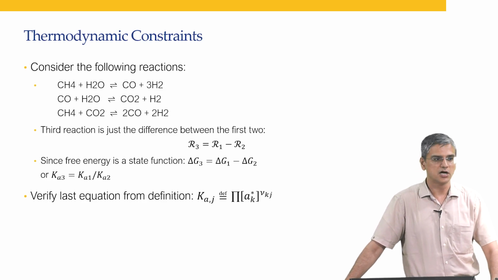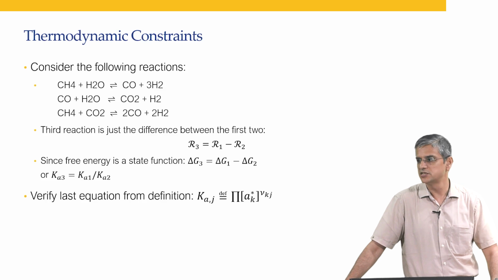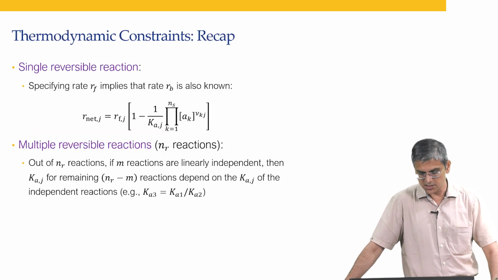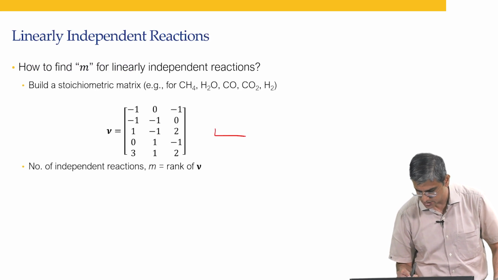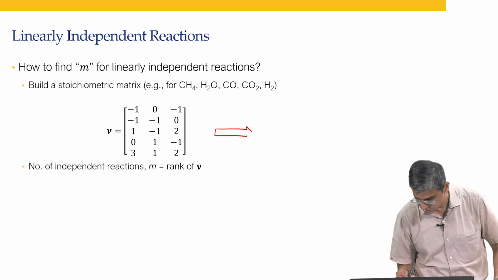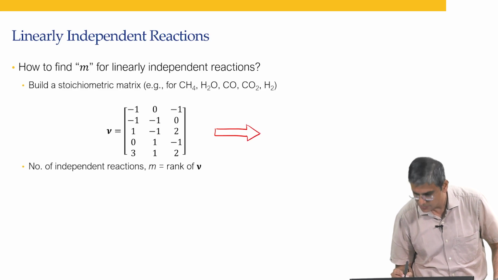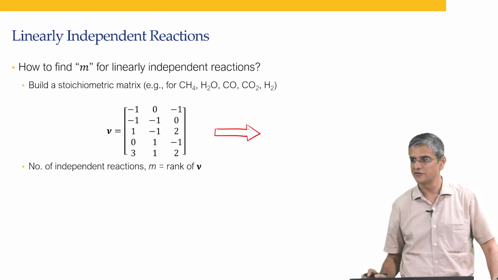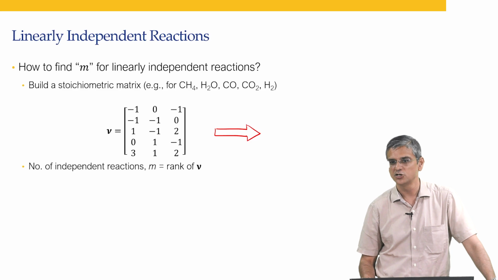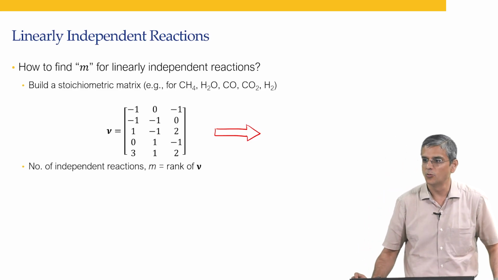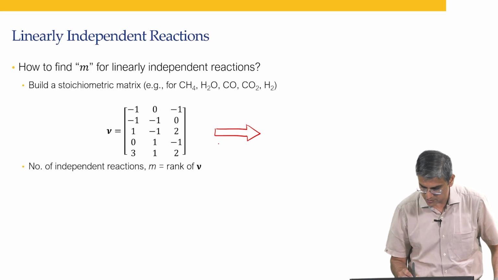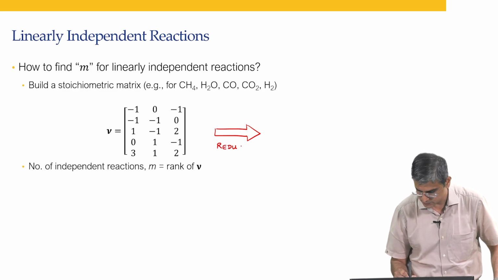There are mathematical ways in which you can do that, and what is done is basically you construct a stoichiometric matrix, and then you remember Gauss elimination. Vaguely we have done Gauss elimination in your past life, right? So, when you do Gauss elimination, you can obtain what is called a reduced row echelon form.